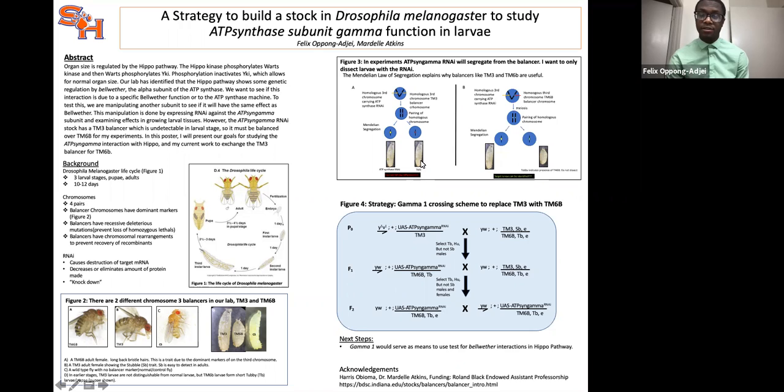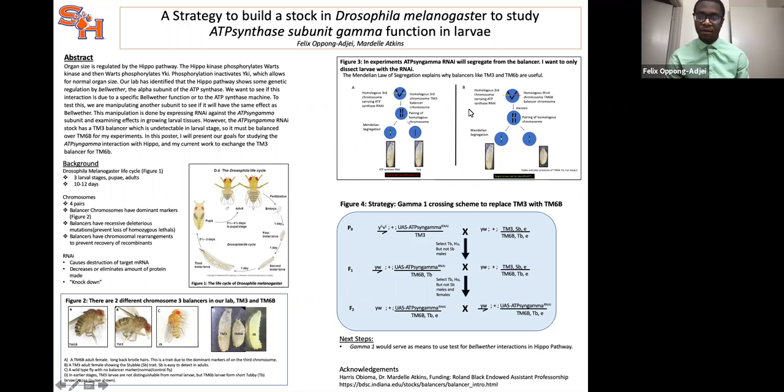But because the TM3 chromosomal balancer doesn't have enough phenotype in its larva, it looks a lot like a normal larva, even though it may still have the ATP synthase RNAi on it. We can't tell just by looking at it the difference between a TM3 chromosomal balancer larva and a normal larva.